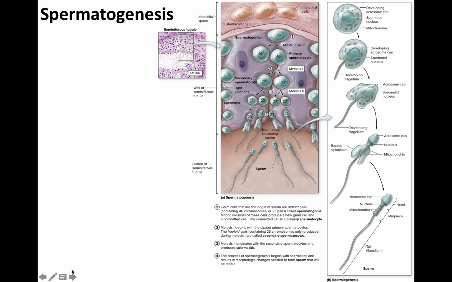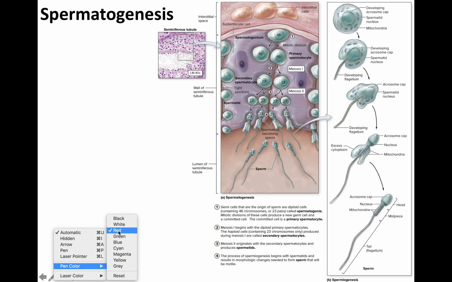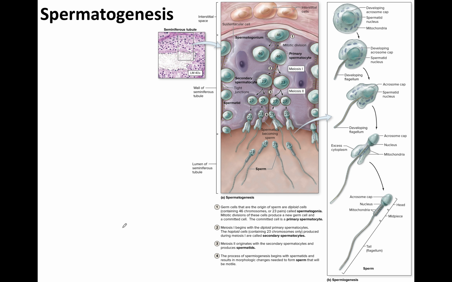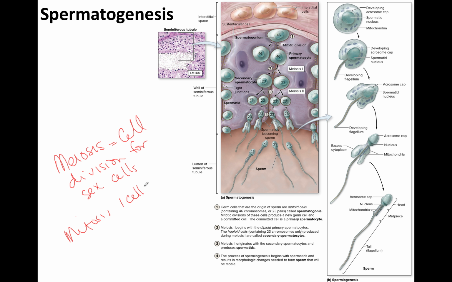So how does spermatogenesis work? Well, it's really complicated. You have to know the difference between mitosis and meiosis. Essentially, meiosis is cell division for gametes, or sex cells. In regular mitosis, one cell will divide and create two daughter cells that are identical.